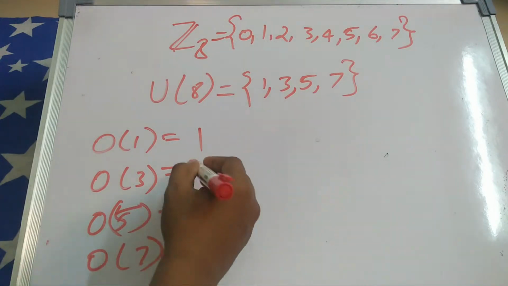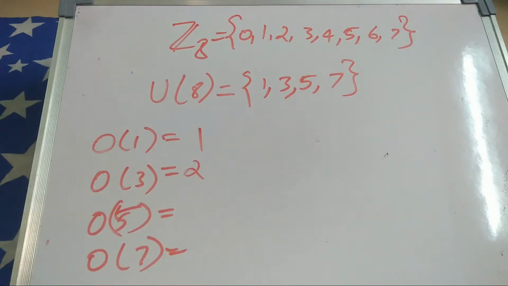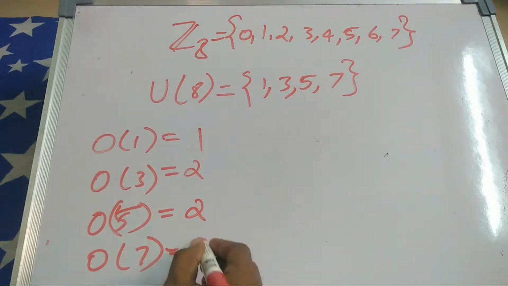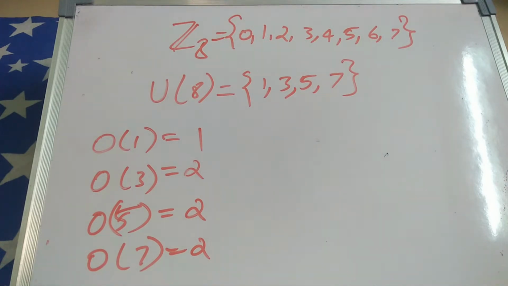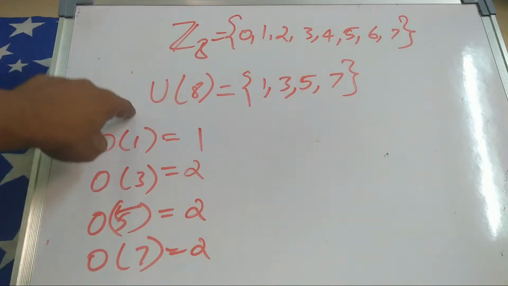Order of 3 is 2. 3 into 3 is 9. When we reduce with mod 8, it is going to be 1. 5 into 5 is 25. When we reduce with mod 8, it is going to be 1. So order is 2. Order of 7. Again, good answers, friends.